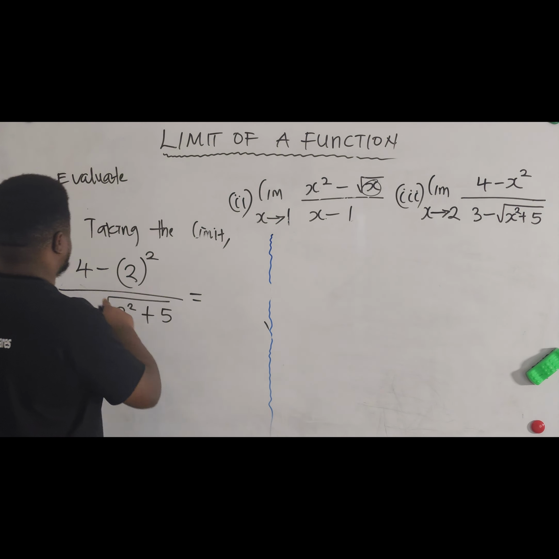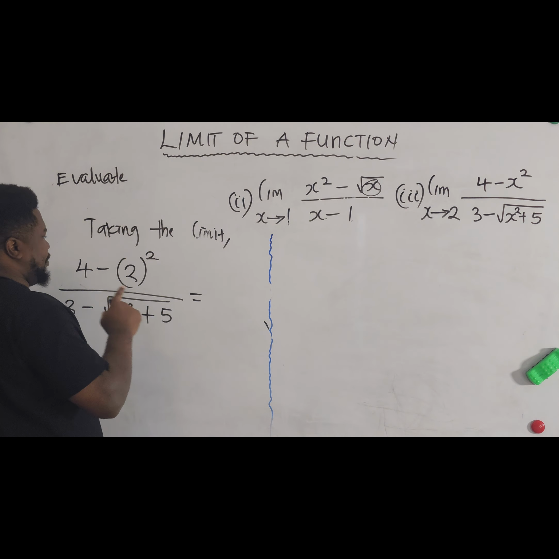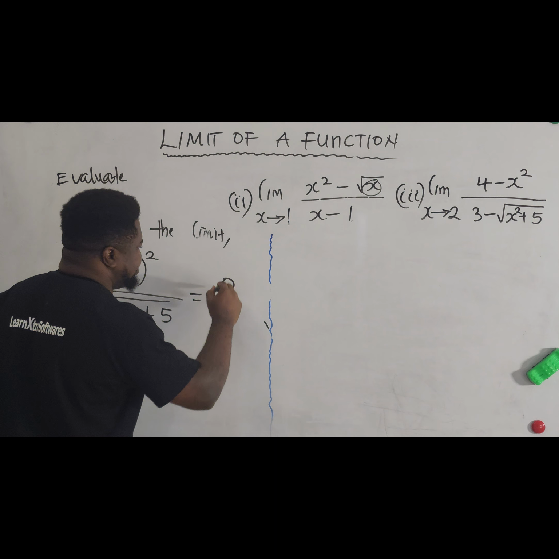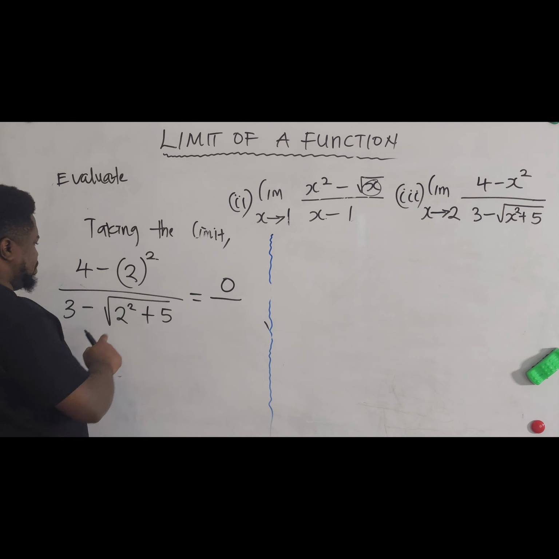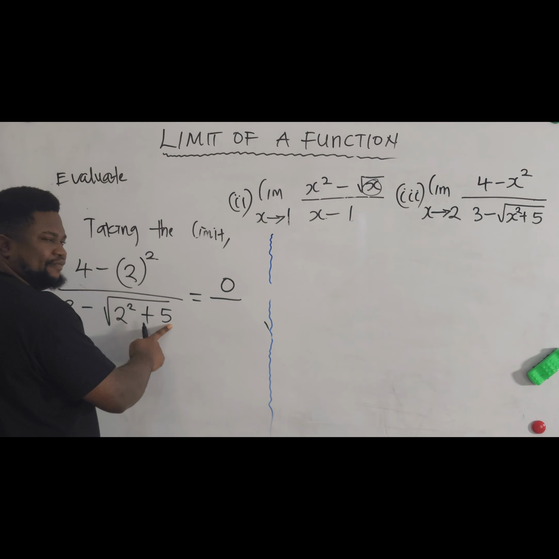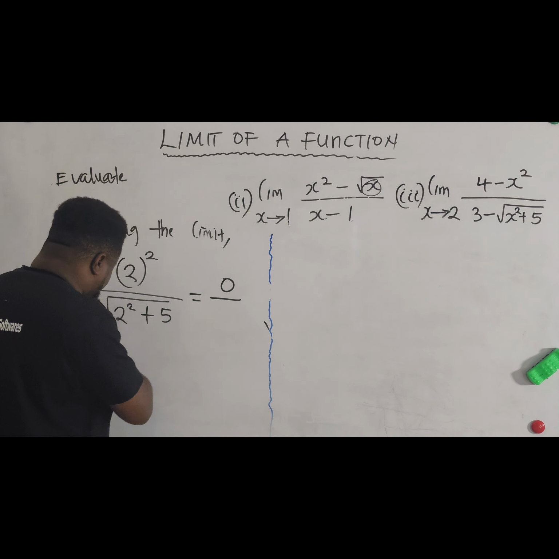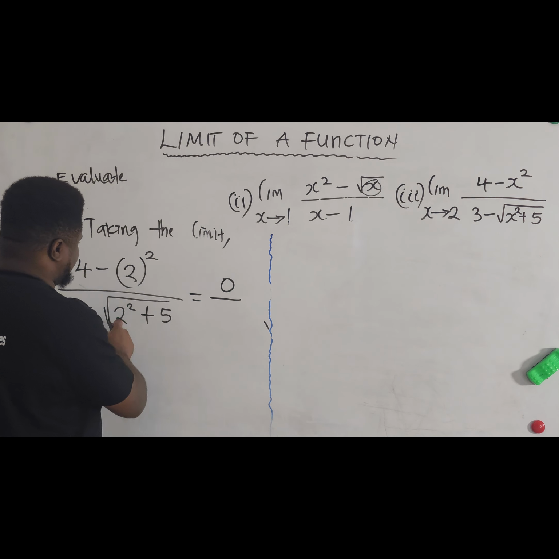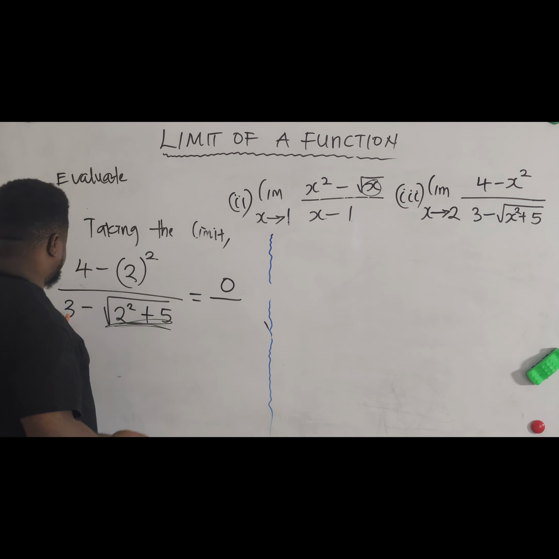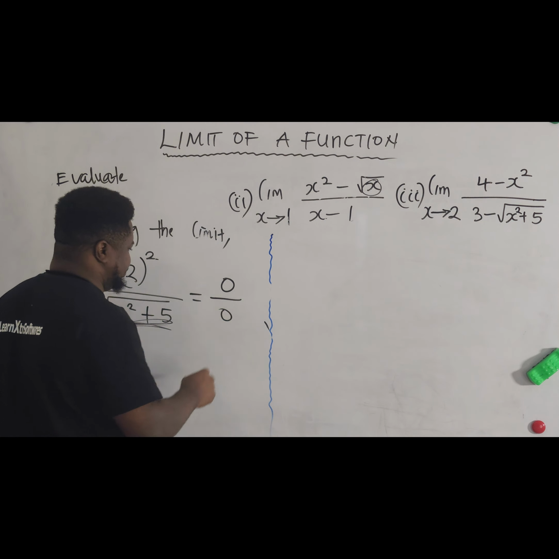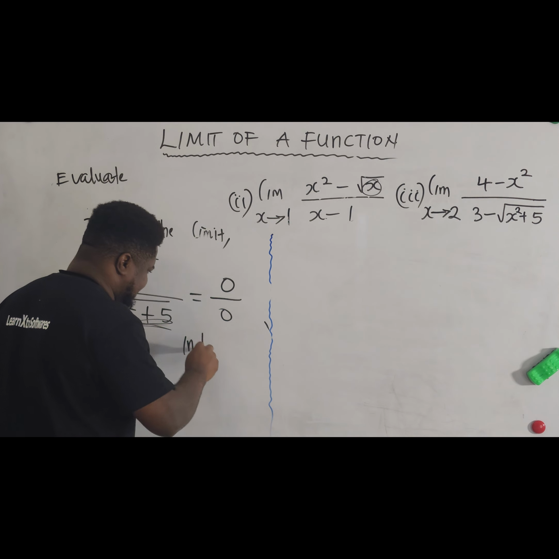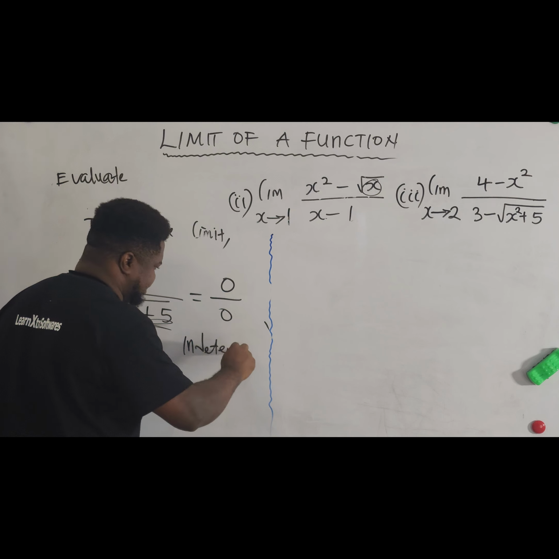And 2 squared is 4. 4 minus 4 is 0, all over 2 squared is 4, 4 plus 5 is 9. Root 9 is 3. 3 minus 3 is 0. Indeterminate.